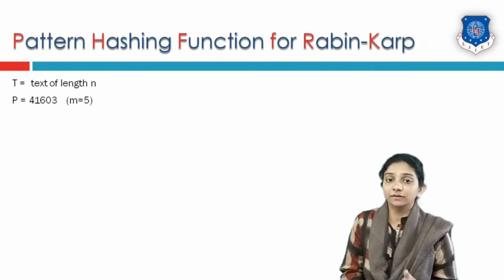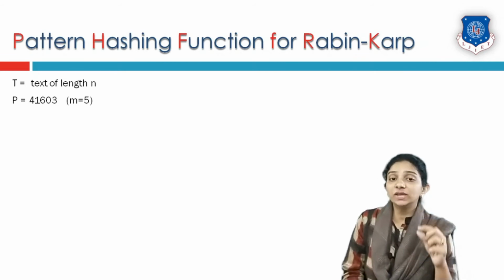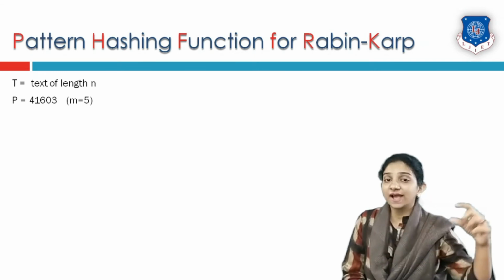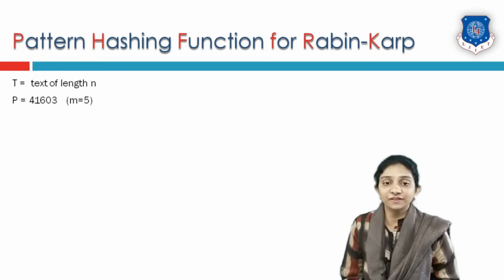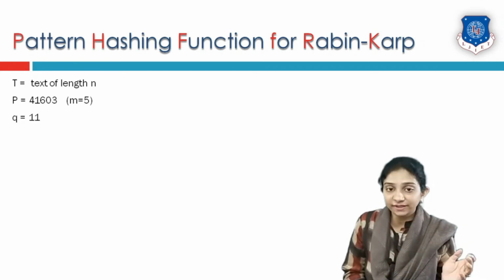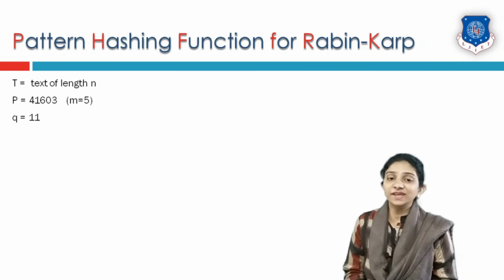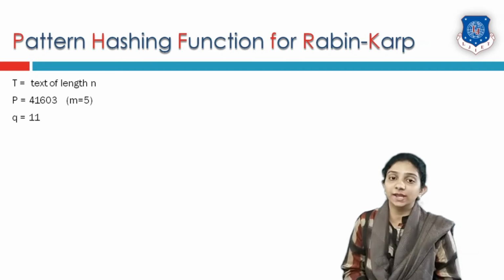In the pattern, the character at location 0 is 4, the character at location 1 is 1, the next character is 6, the next is 0, and the last character is 3. So this is not a number, this is a series of characters. And I am considering some prime number, say Q is equal to 11.